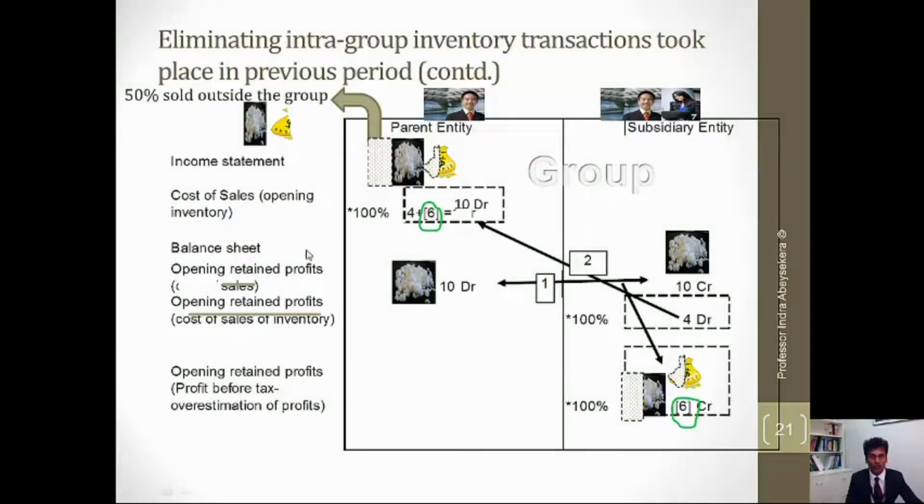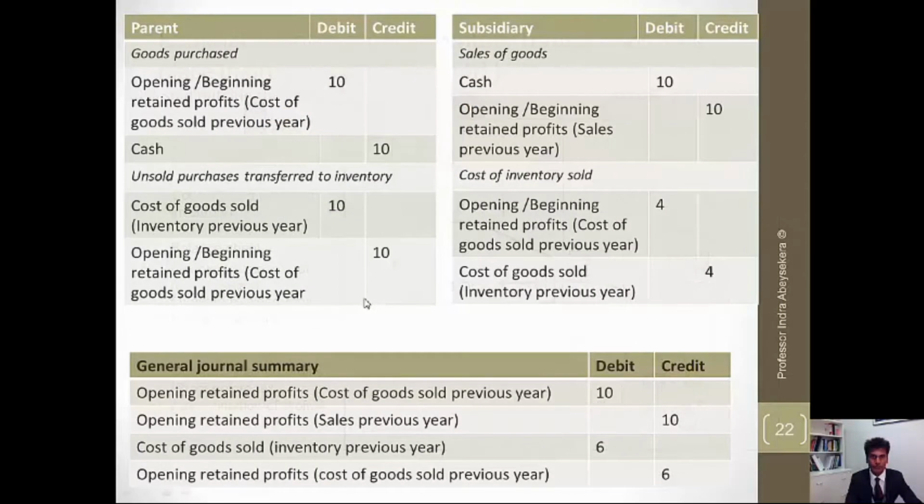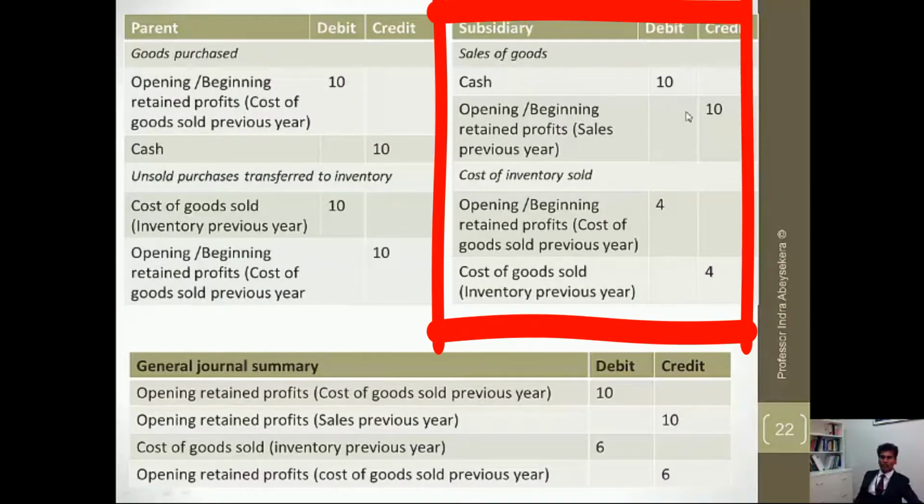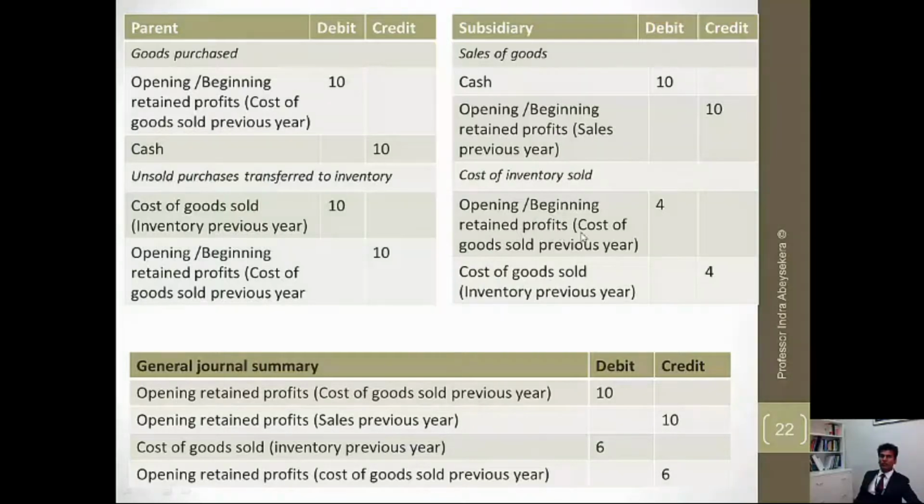But the cost of goods sold in the previous period is in opening retained profits. So let's look at the general journal entries. Subsidiary sold it, opening retained profits, and received cash. There was inventory, and that inventory that was in the previous period is now cost of goods sold, and the cost of goods sold in the previous period becomes opening retained profits.